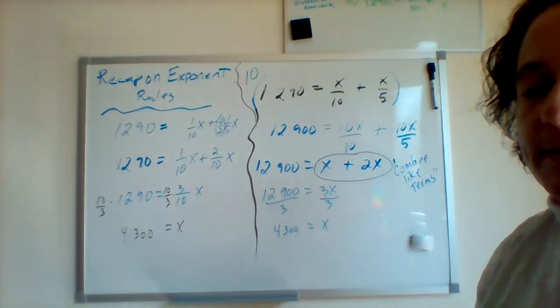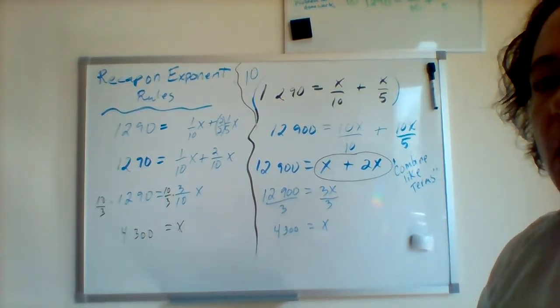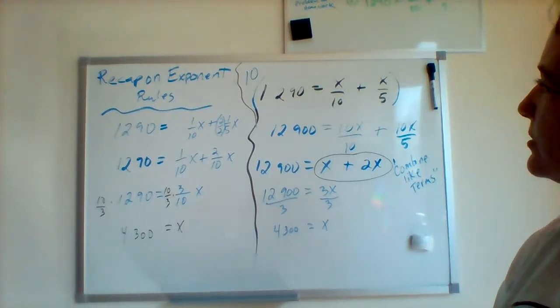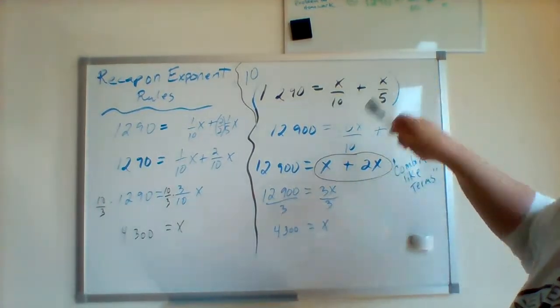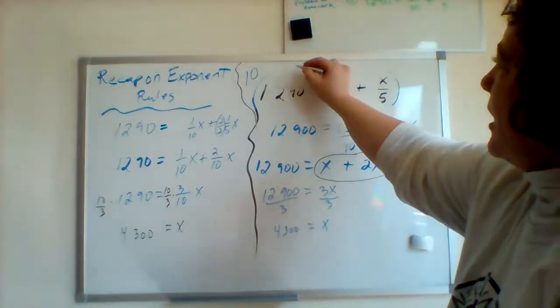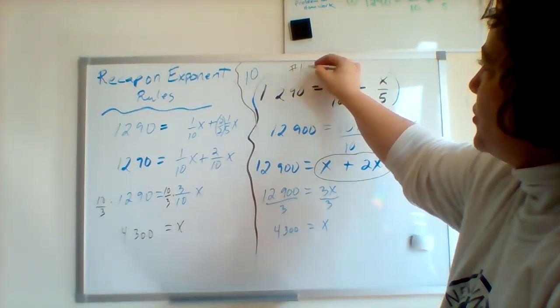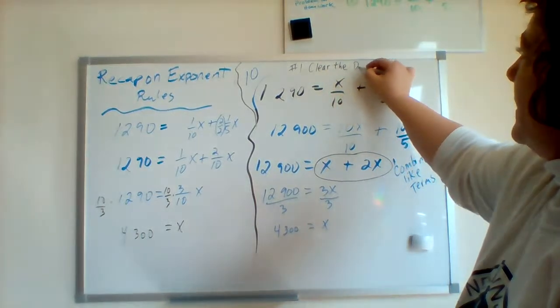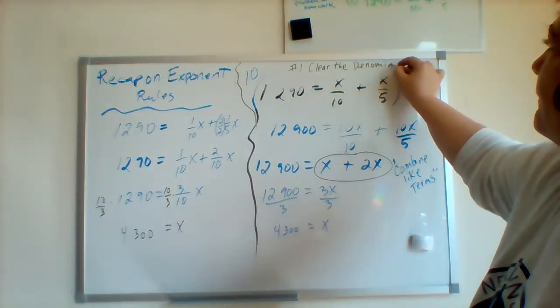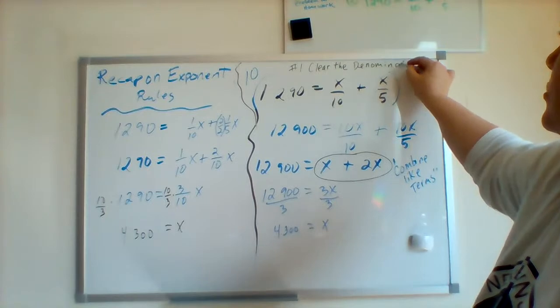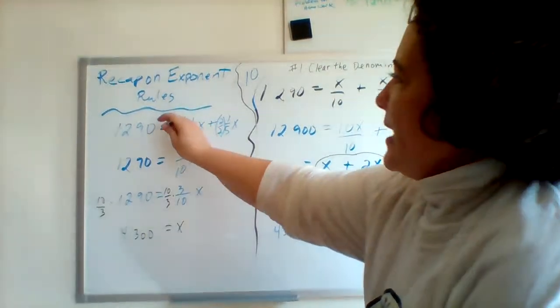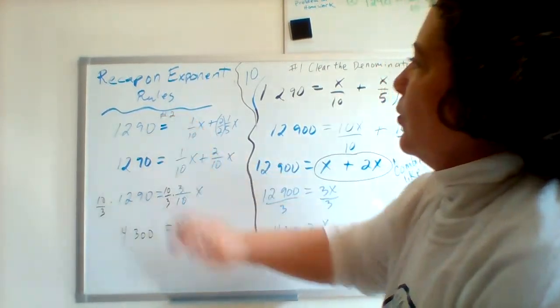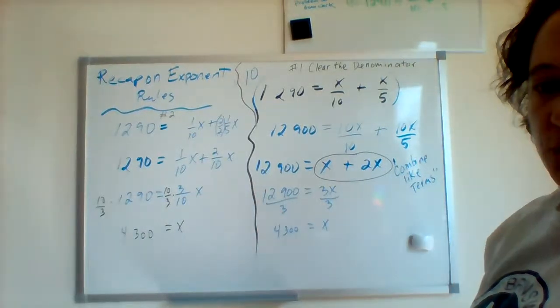Do you guys have any questions on either one of the strategies? This was strategy 1, clearing the denominator. This was the first strategy, clear the denominator. And then this was strategy number 2, where we just simply added the fractions.